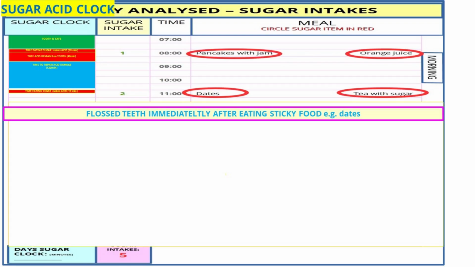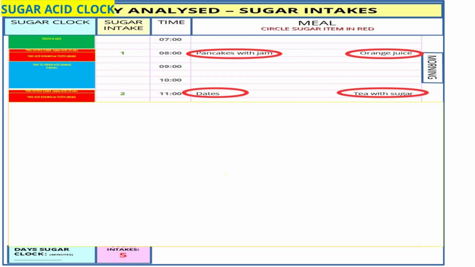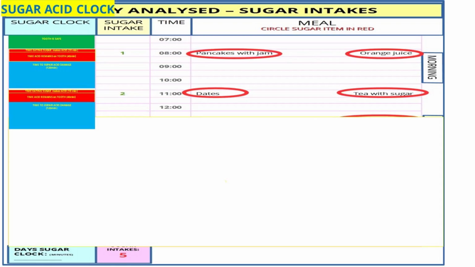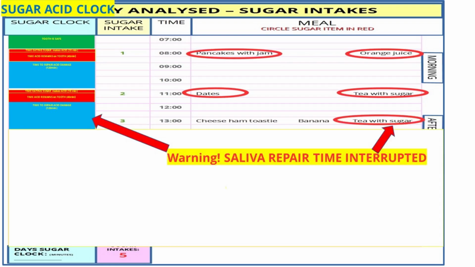So we have flossed our teeth immediately after eating sticky food, plus the 40 minutes of acid damage, because saliva takes 40 minutes to remove this acid, which gives us a sugar clock of 50 minutes. And then we need 120 minutes of saliva repair time. But this saliva repair time has been interrupted because of tea with sugar at 1 o'clock.